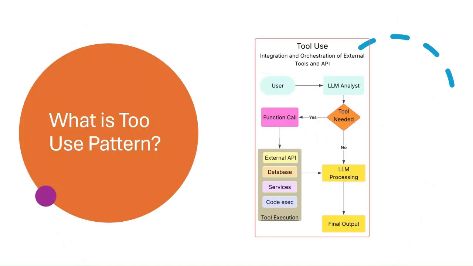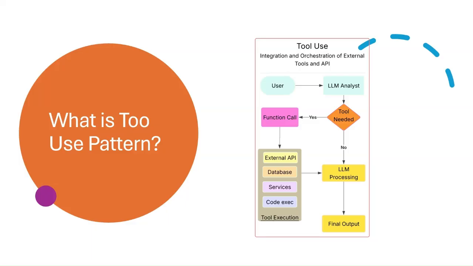So, what is the tool use pattern? The tool use pattern enables an AI agent to intelligently interact with external tools, APIs, databases, applications, and services to access information, perform actions, and complete tasks beyond its built-in knowledge. It starts with a user request and an LLM analysis. The process begins as the user submits a request.